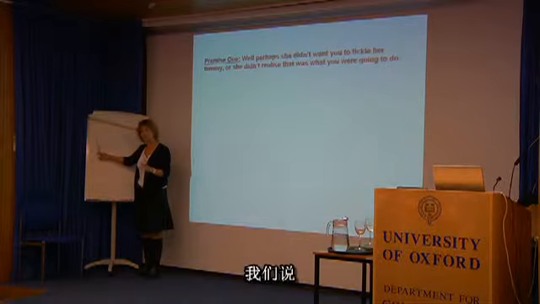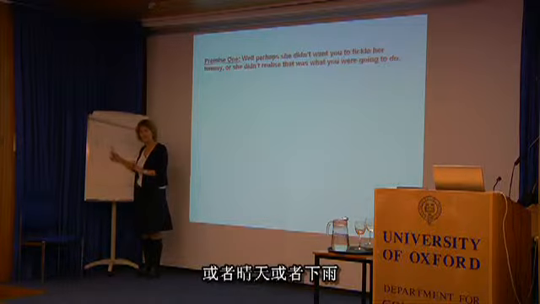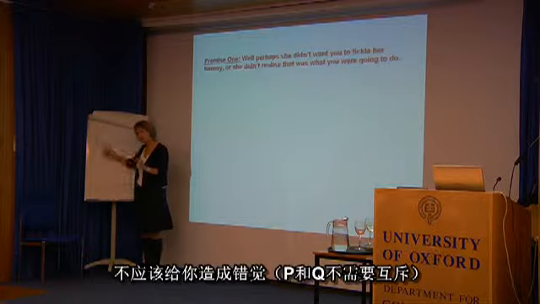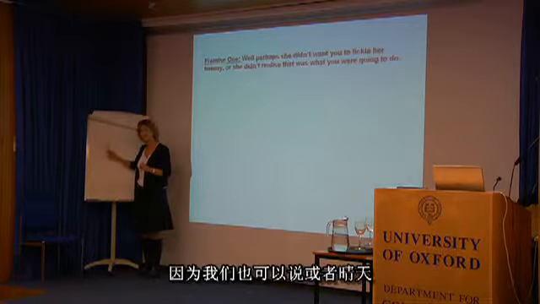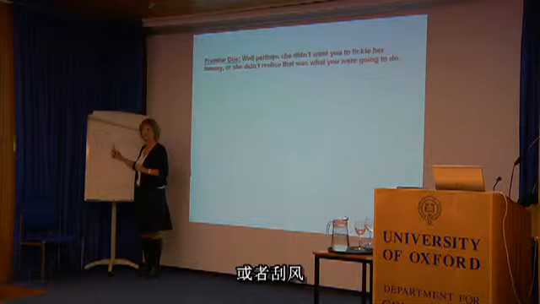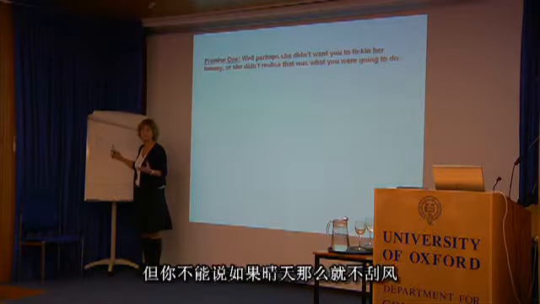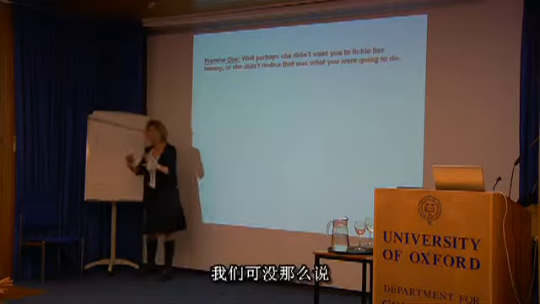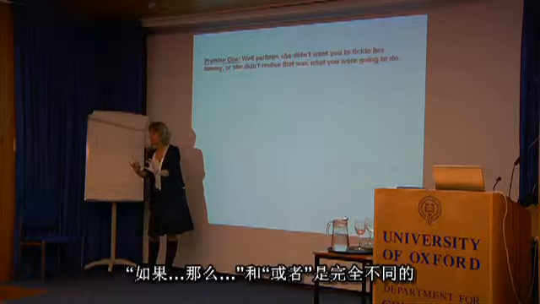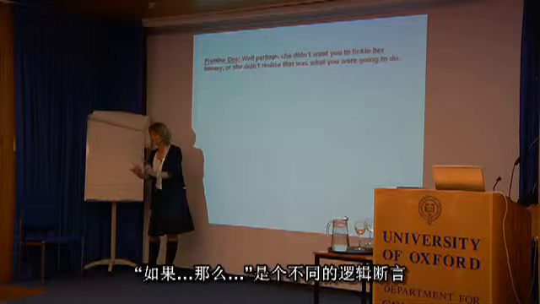We talked about it's either sunny or rainy. Because we could say it's either sunny or windy. But you can't then say, if it's sunny, then it's not windy. But we haven't said that. If-then is completely different from or. If-then is a different logical claim.